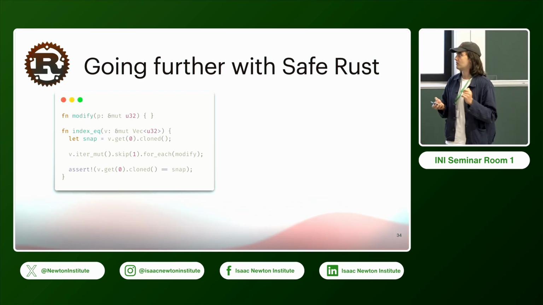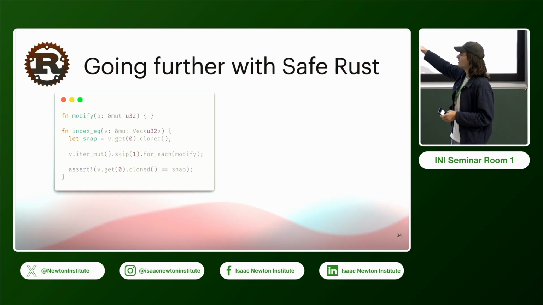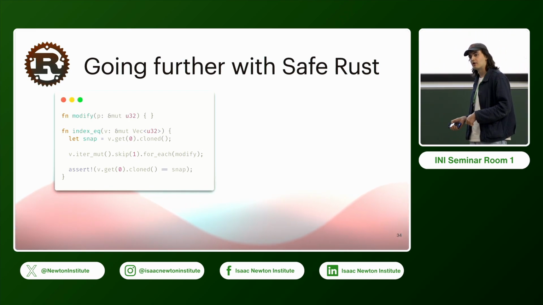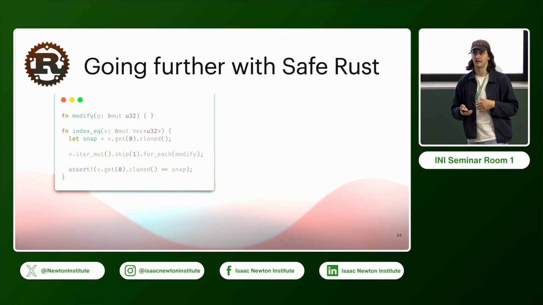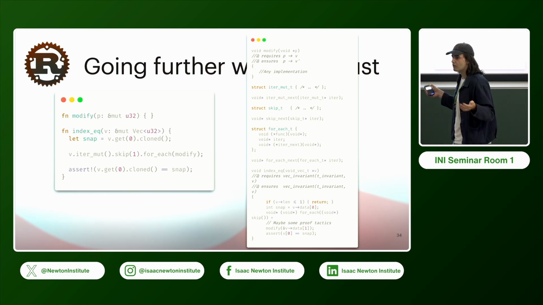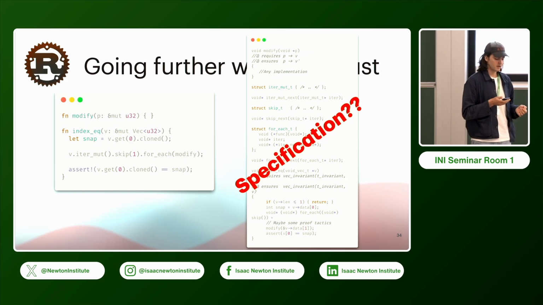The Rust type system also allows us to build really powerful abstractions, like iterators here, where we can return a series of mutable pointers and apply higher order functions that mutate things. Once again, C is a general purpose language. We can do all this kind of stuff in C, but once again, specifying this kind of code gets a lot harder and a lot more painful, right?